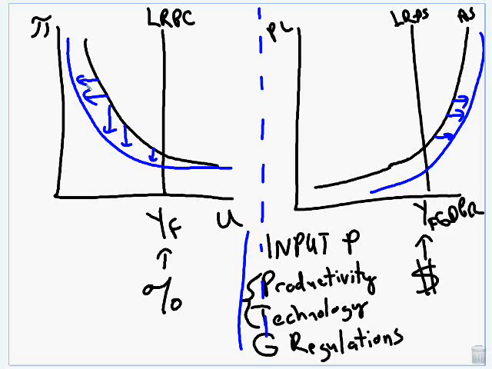If any of these input, productivity/technology, or government regulations hurt businesses, well, they're going to have a shift to the left of aggregate supply. Well, if we shift aggregate supply to the left, then our mirror image over here is going to shift to the right. And what do you see?